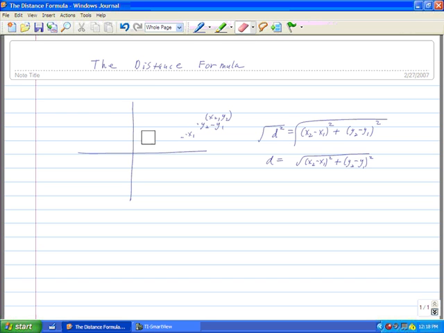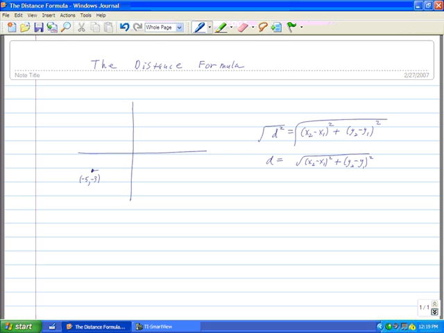And speaking of using it correctly, let's come up with a couple of ordered pairs, a couple points, and find the distance between them. We will start off with a point down here in the third quadrant, and we'll call it -5, -3.